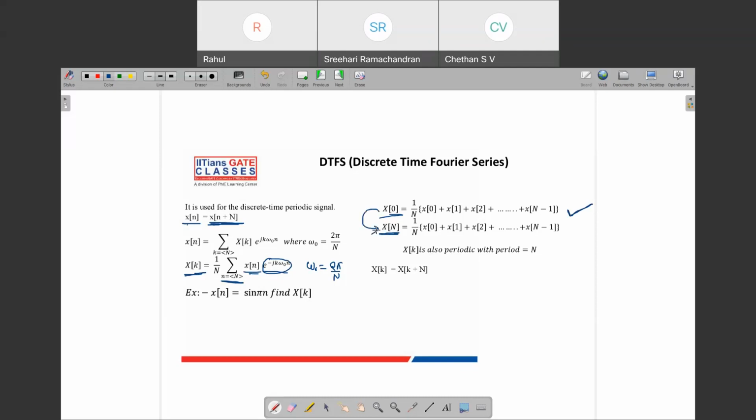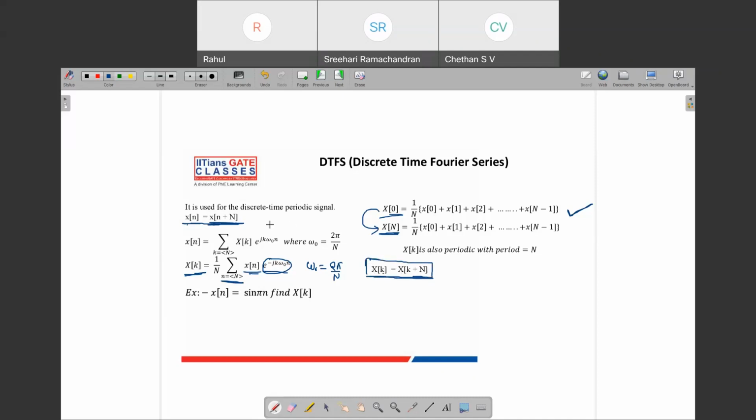Which means that the Fourier series coefficient of this discrete time signal will also be periodic. So in the time domain we have a periodic signal, and in the Fourier domain also, the Fourier coefficient will be periodic. So X of k will be equal to X of k plus capital N. This property is not there for the continuous time.